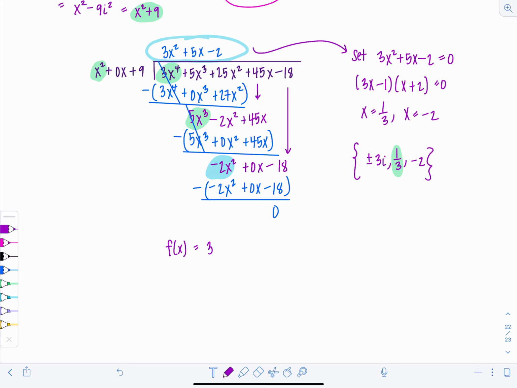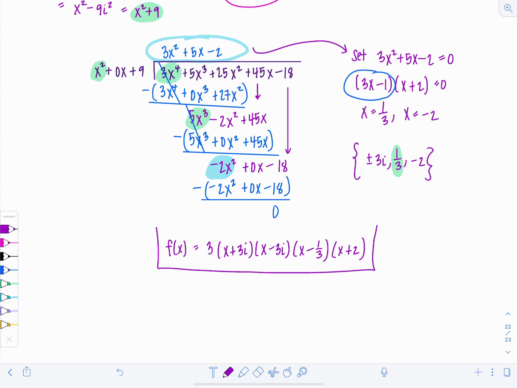And also you could tell that was going to be necessary because of this step here. That way, if you were to multiply everything out, you would get back f of x. So I have 3 times x plus 3i, x minus 3i, x minus 1/3, and x plus 2. That way, when you multiply it out, you get f of x, the original.